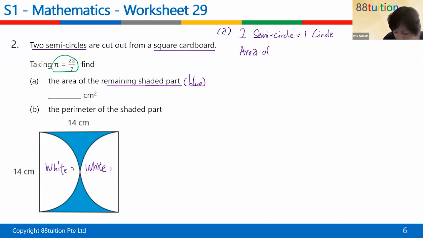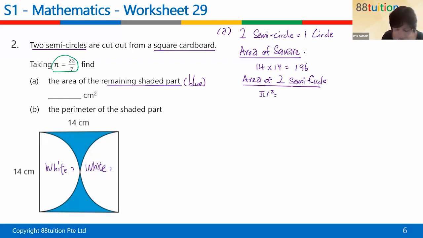So area of square. It is 14 by 14. Okay, 14 by 14 gives you 196. And then you find the area of 2 semicircles. So the 2 semicircles will actually give you 1 circle. So pi r squared, pi was given as 22/7.